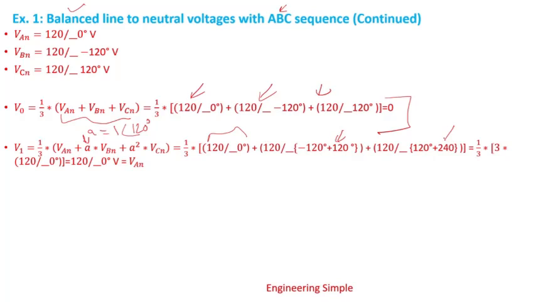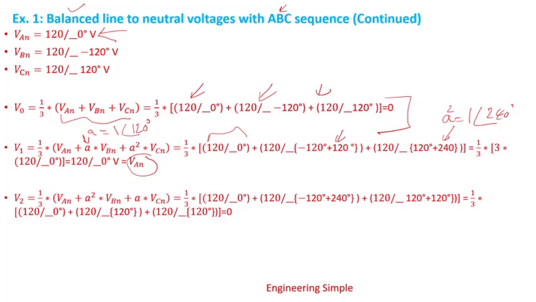VCN times A squared, because A squared is 1 angle of 240 degrees. If you carry out the calculation, you get 120 volts with an angle of 0, which is equal to VAN, which should be expected because I have balanced line to neutral voltages with ABC sequence, positive sequence.